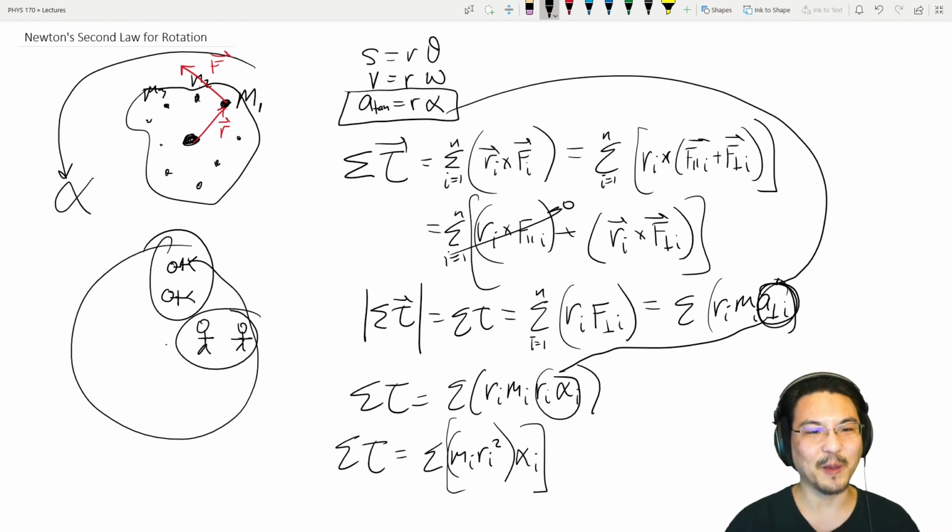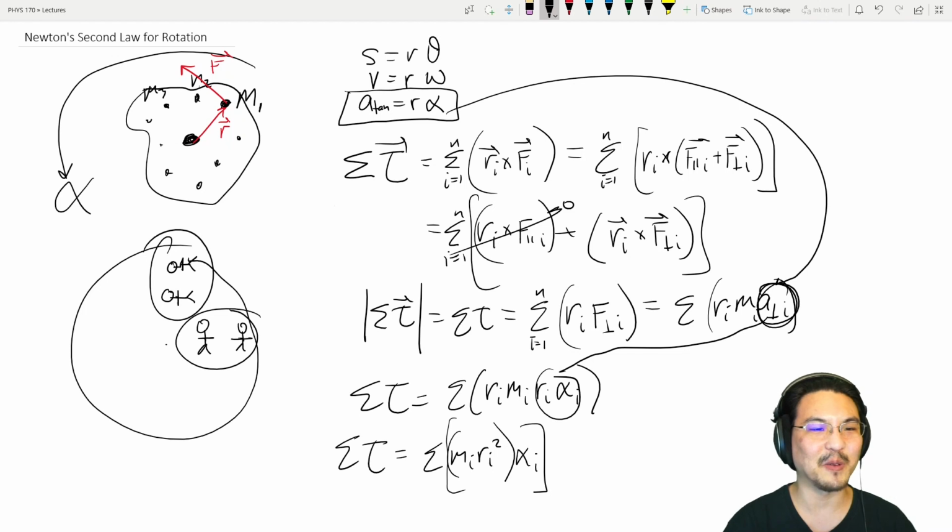So in the same amount of time, they have the same angular velocity and the same angular acceleration, as long as they don't move around. So this is valid for an object that doesn't change its shape, that doesn't deform. So for an object that doesn't deform, called a rigid body, the angular acceleration is the same.